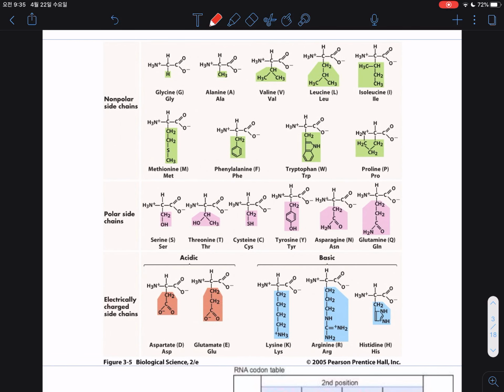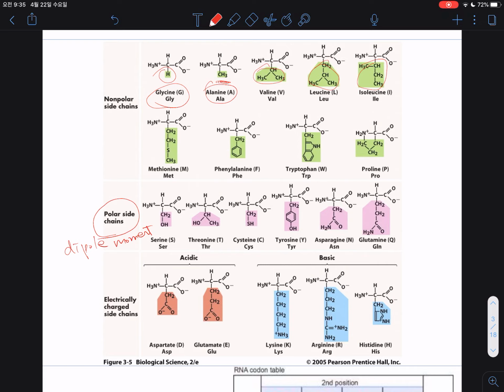For example, the simplest one is glycine. Glycine has H at the R position, and alanine has a CH3, so this would be a non-polar amino acid. Valine has this structure, then leucine, isoleucine, methionine, phenylalanine, tryptophan, and so on. Also some amino acids are polar. Polar means they have a dipole moment in their R group.